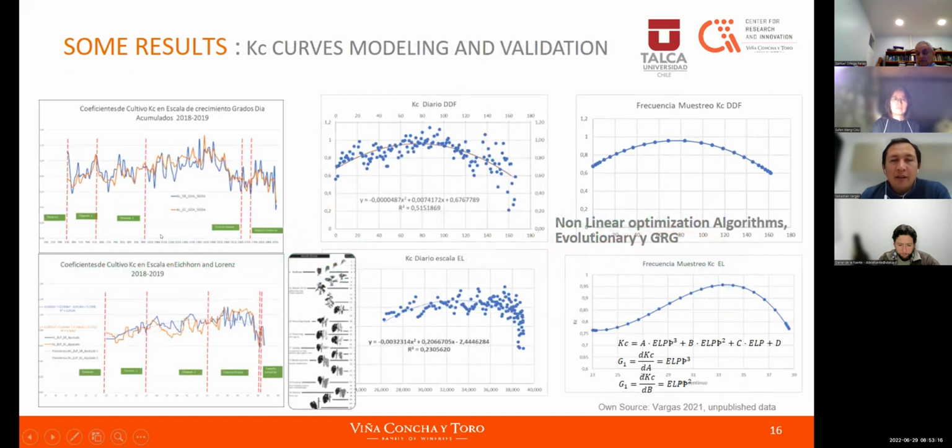Also, we're thinking about the resolution of the way you're building the KCs. If you use a modeling strategy where we see the KC in terms of daily measurements, we are trying to figure out what the frequency of getting the data should be to have a more accurate KC.